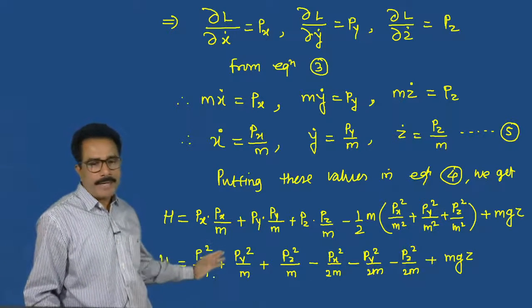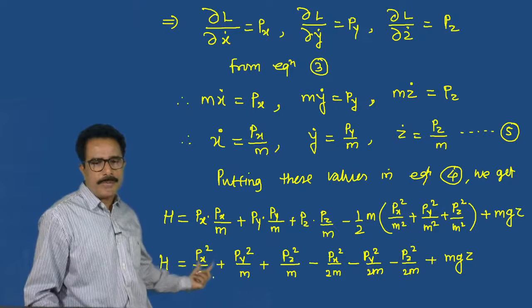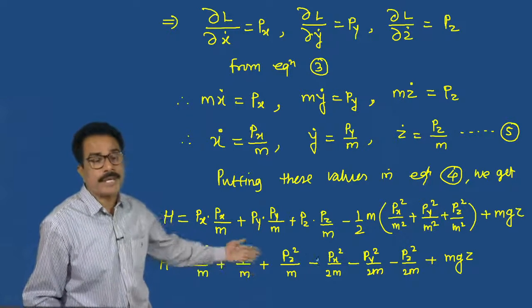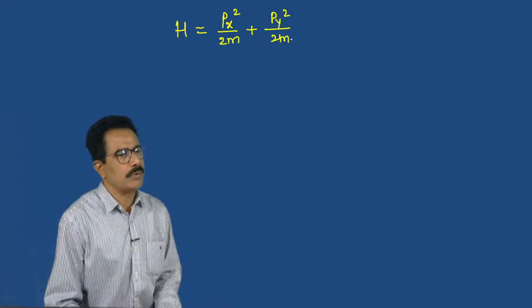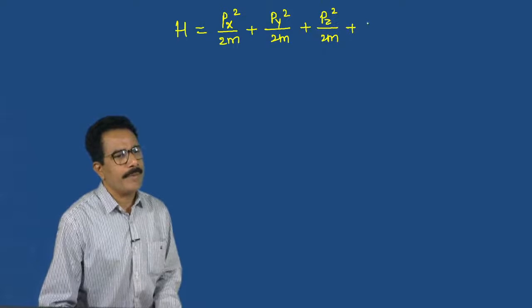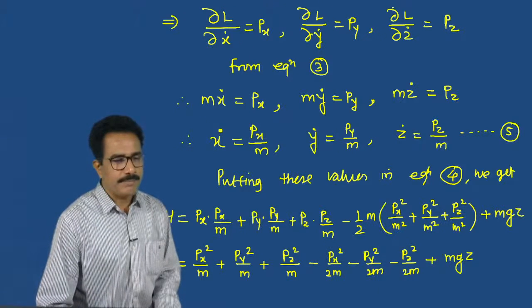Now subtract px square upon m with px square upon 2m, then H is equal to px square upon 2m plus py square upon 2m plus pz square upon 2m plus mgz.